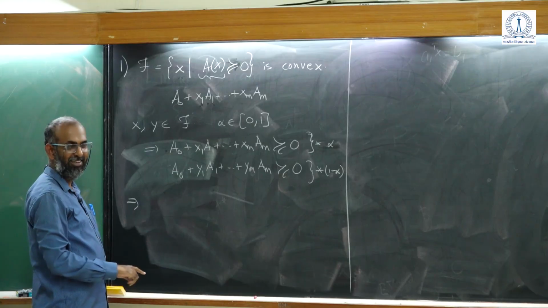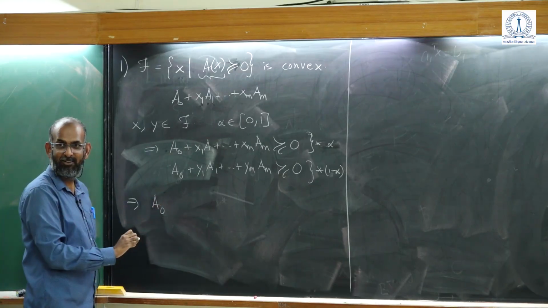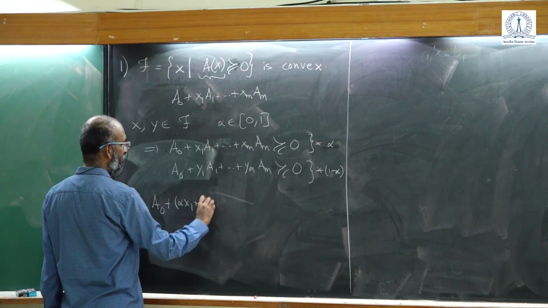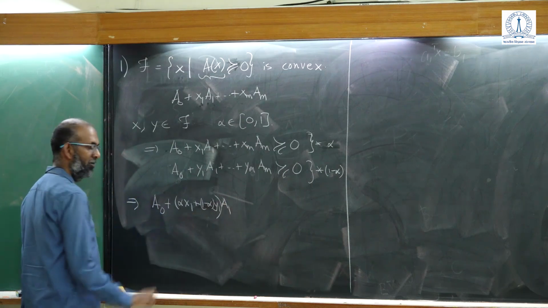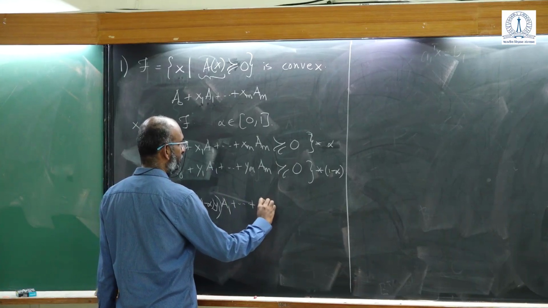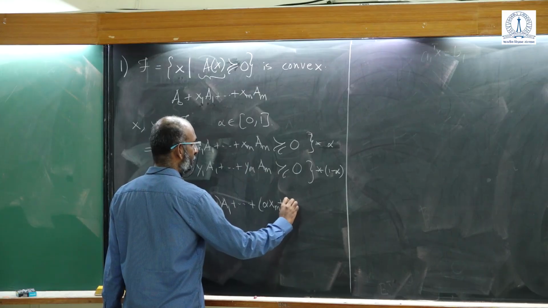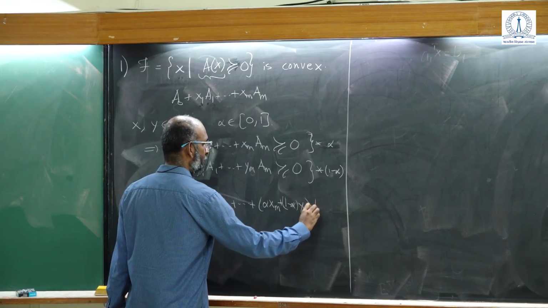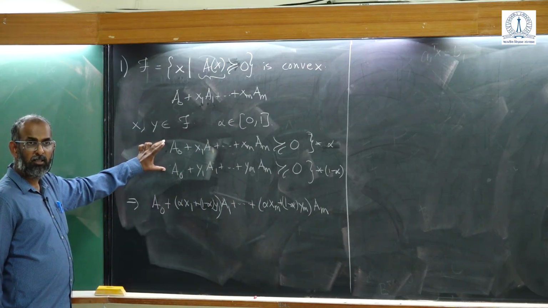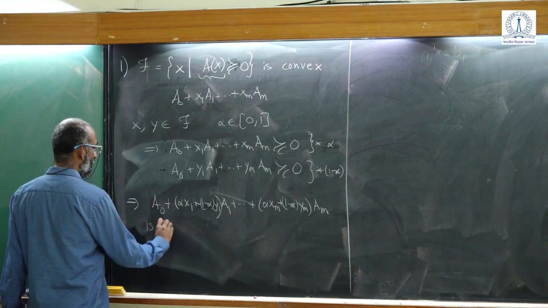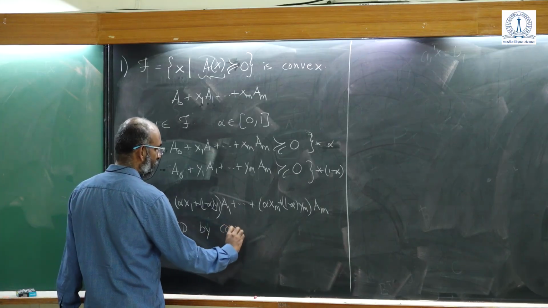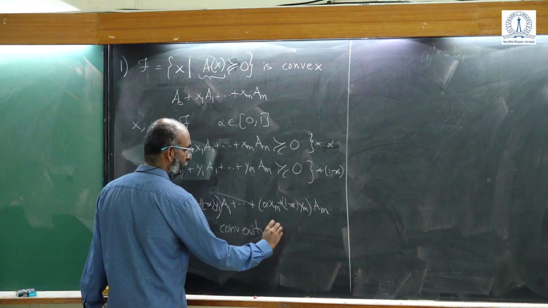If I add them, I'll again get a naught, plus alpha x1 plus 1 minus alpha y1 times a1, and so on, up to alpha xm plus 1 minus alpha ym times am. So these are two PSD matrices, so this is PSD by convexity of this space.